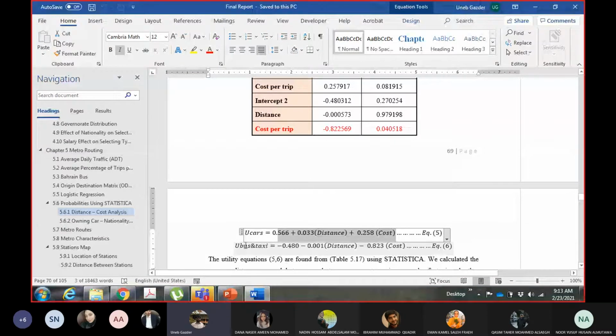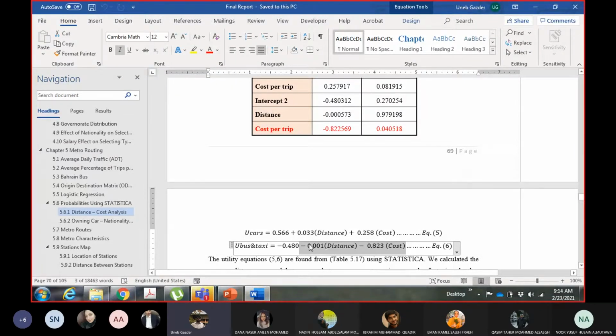And for bus and taxi, you can see the inverse relationship here: distance and cost have a negative sign. So what does that mean? When the utility of car is increasing, the utility of bus and taxi is decreasing. So the utility of car increases with distance and cost, and the utility of bus and taxi decreases with distance and cost.